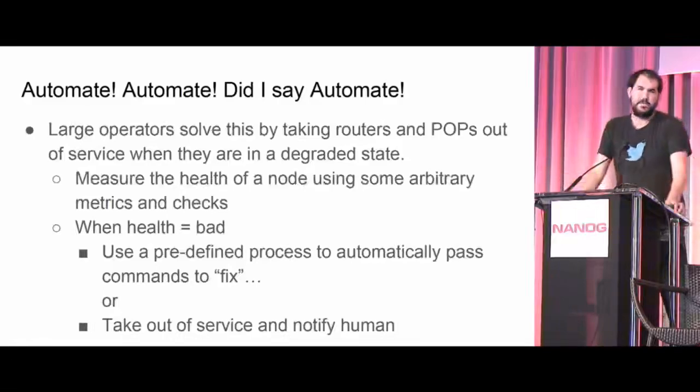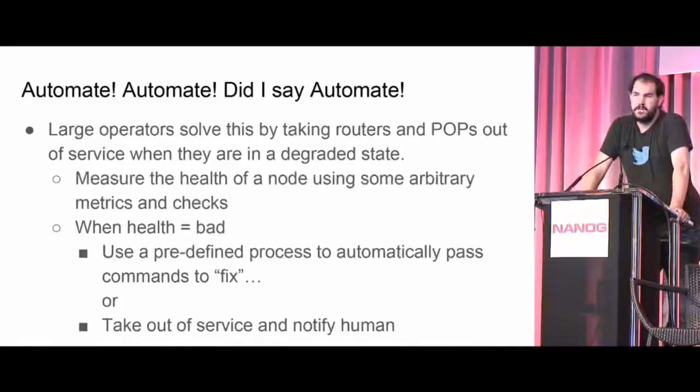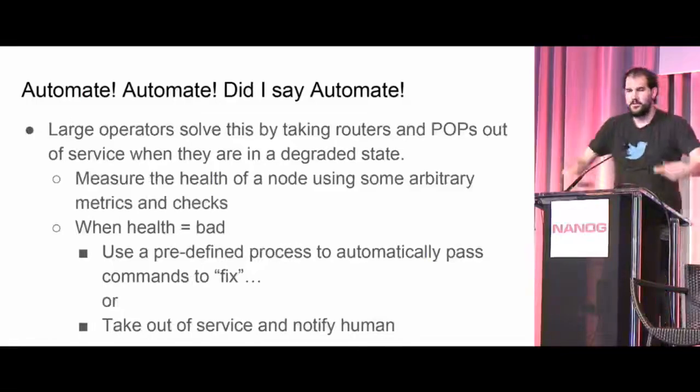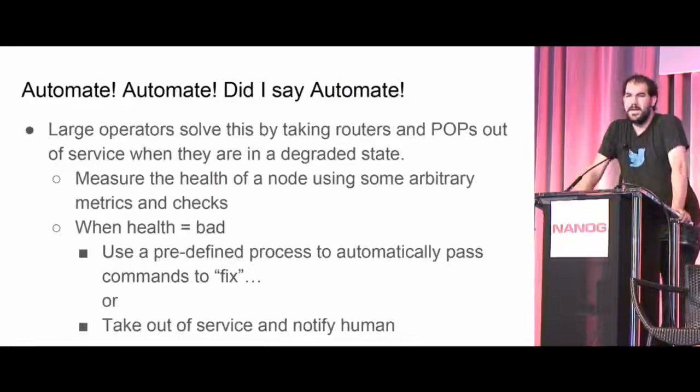And in this case, we might say we're going to log onto the router or monitor for SNMP traps or do some sort of check every X minutes. We're going to ask it how many ISIS neighbors it has, for example. And then we're going to say, right, I have no ISIS neighbors. This is a bad state. I'm going to take you out of service. And I'm going to modify some configuration to remove this router from being in service.